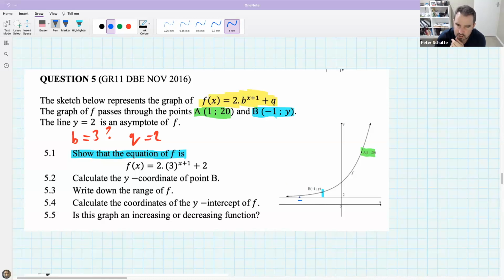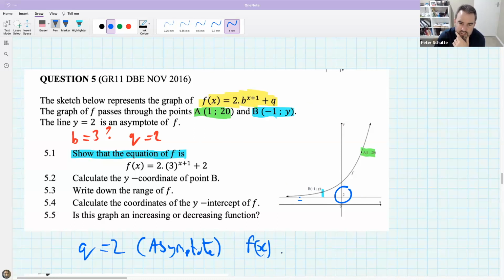The other thing is I know that q has to be 2 because of the asymptote. So I would start by saying, look, q is 2 because I can see the asymptote. And so f(x) has to be 2 times b^(x+1) plus 2. And then you ask yourself, what other information is given?